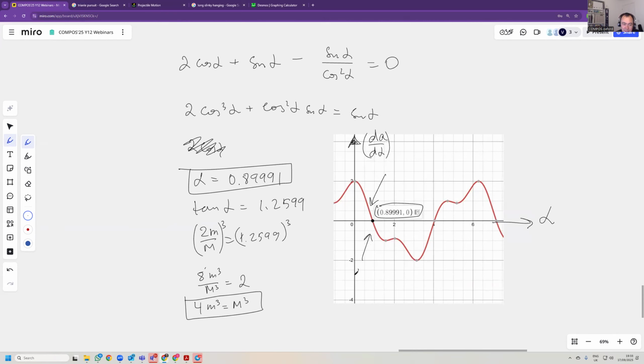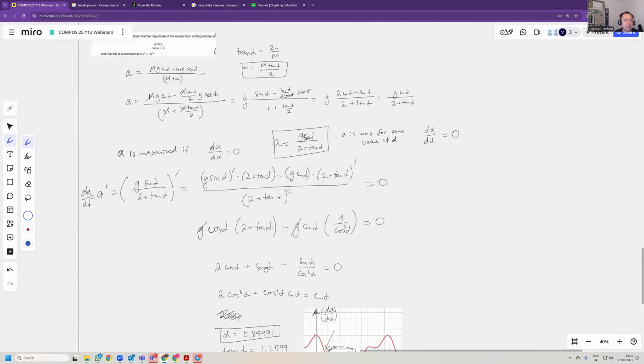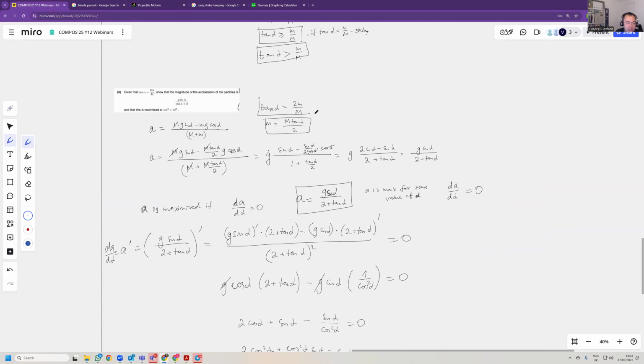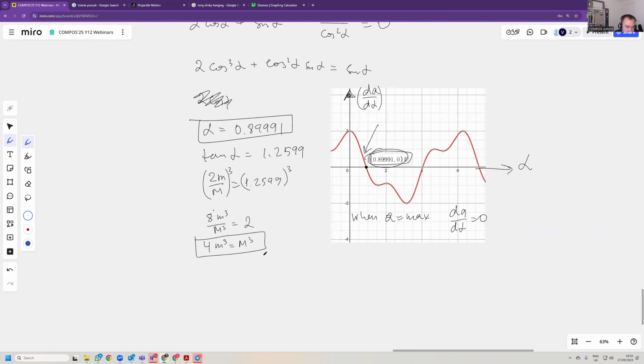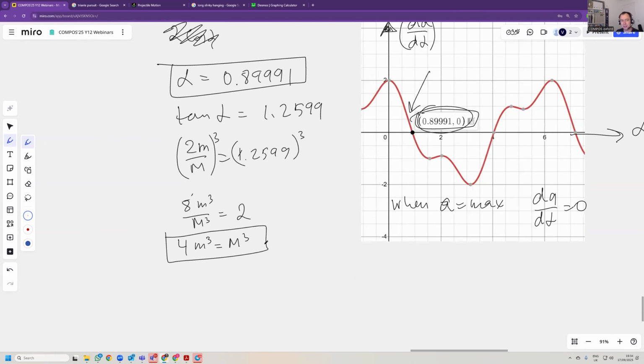When A is maximum, dA/dα is 0. And that's what I did. I found that alpha, I found the tan, and I substituted the tan into my original expression. And then I found this relationship, which is a purely mathematical relationship, but we got there eventually.